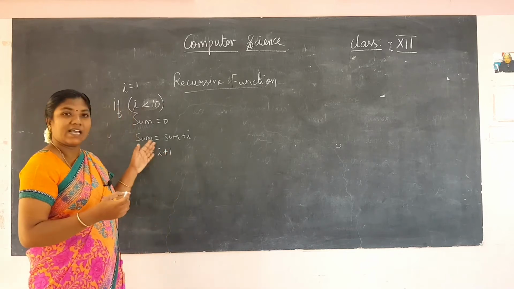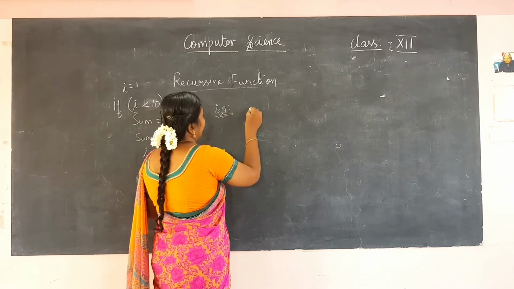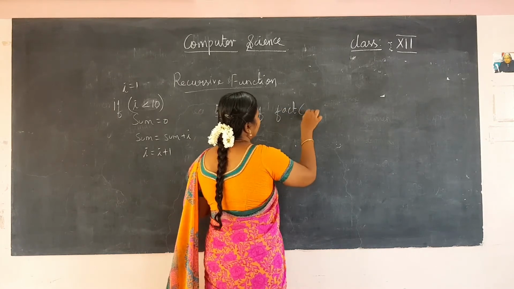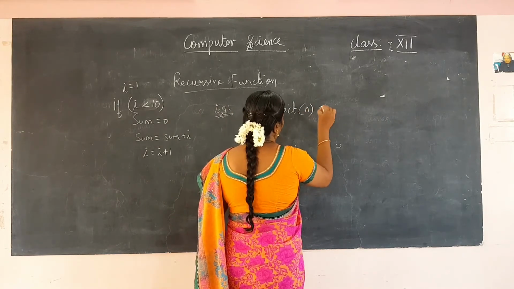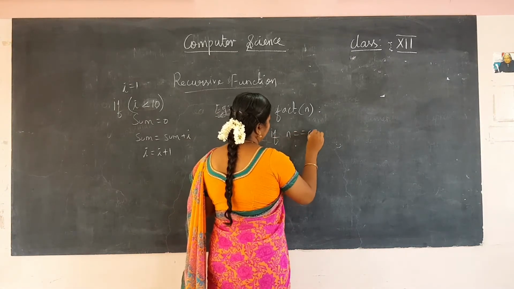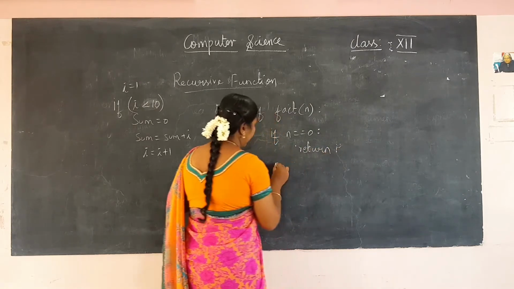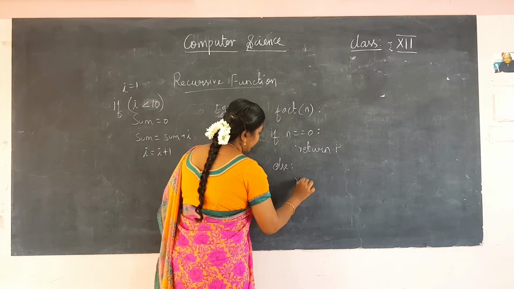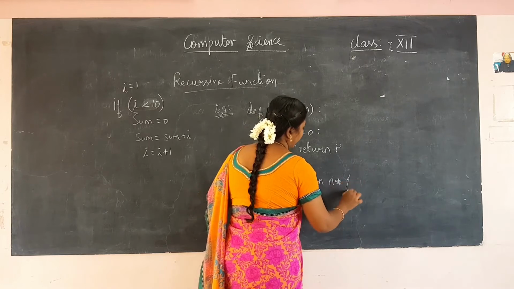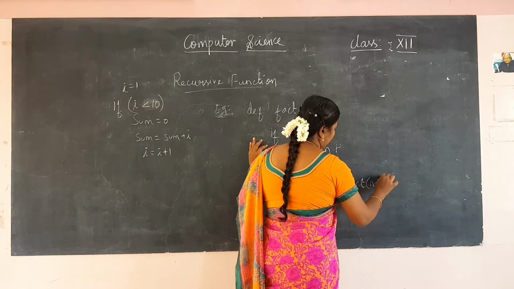Okay, so now let us see an example program in Python for the concept recursive function. I am having a function definition, a user defined function, fact of n. If n is equal to 0, then return 1, else return n star fact, again I am using the same function, fact of n minus 1.